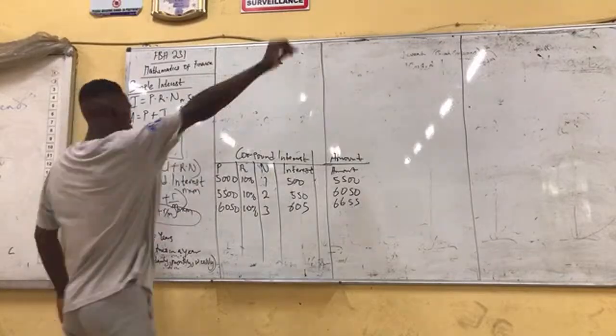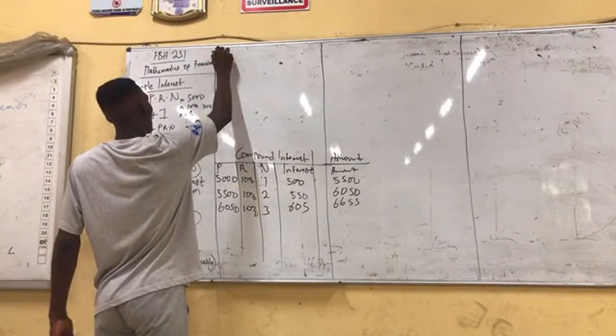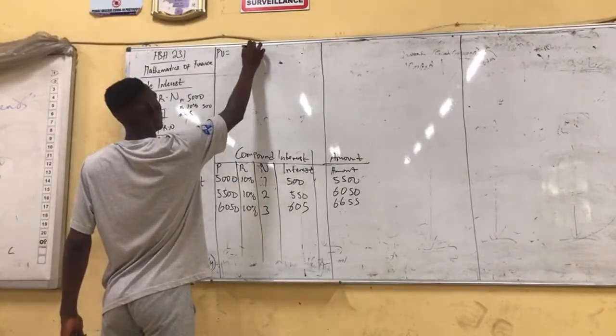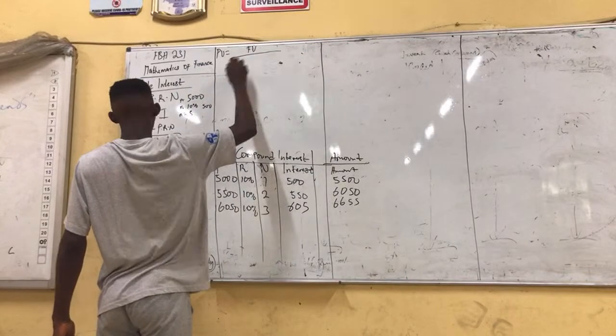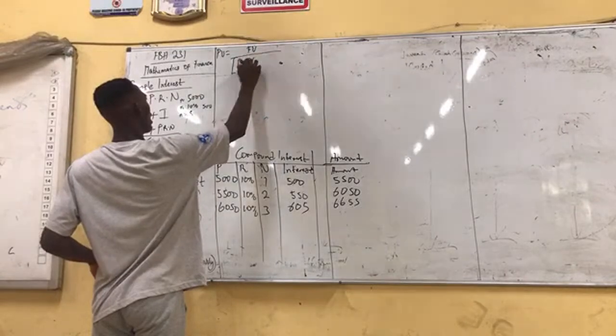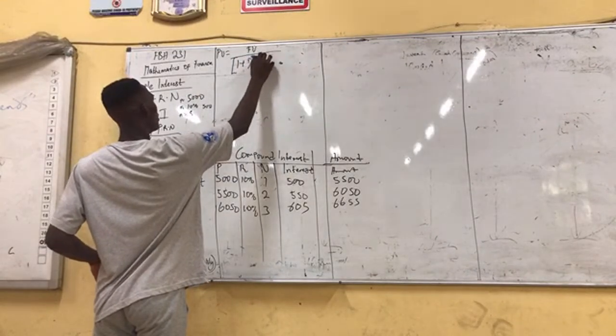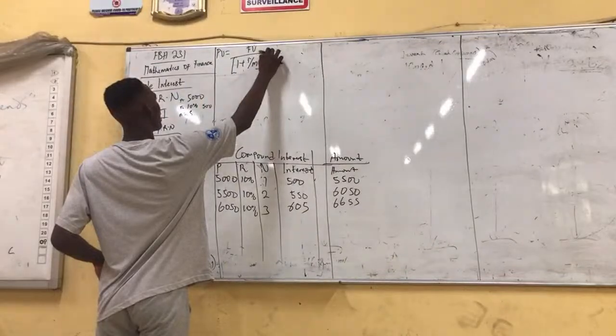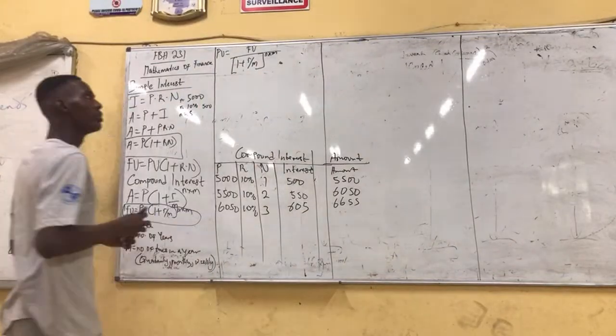For those dealing with theory, you can rewrite the compound formula as P equals F over 1 plus R over N, to the power N times T. You understand?